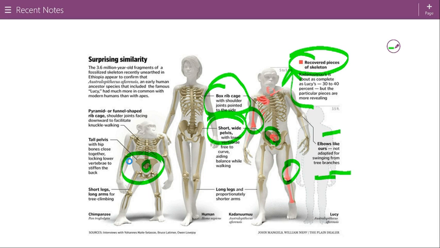They found another organism, and it's taller, but still, they only found 30 to 40% of the organism. So if you had a puzzle and you were missing 60 to 70% of the pieces, you can make that puzzle look like whatever you wanted. And that's exactly what they're doing here. They're trying to manipulate the materials so that it says what they want.